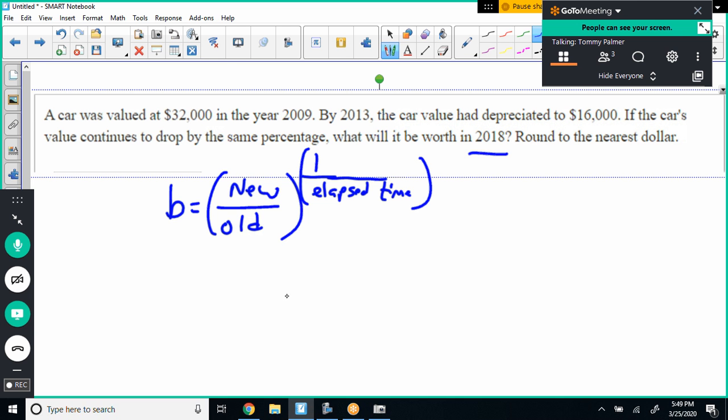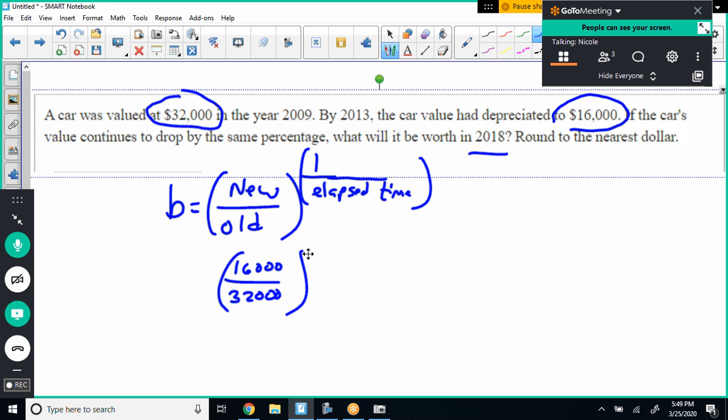So the new, in the beginning it was 32,000, right? But the new value now is 16,000, right? So 16,000 divided by 32,000 raised to the... Yes ma'am, new is on top.